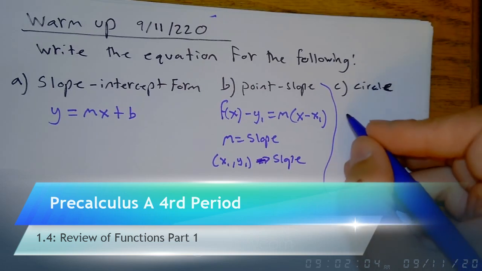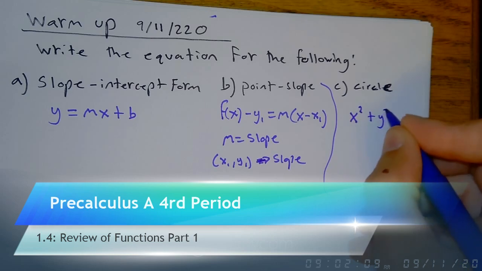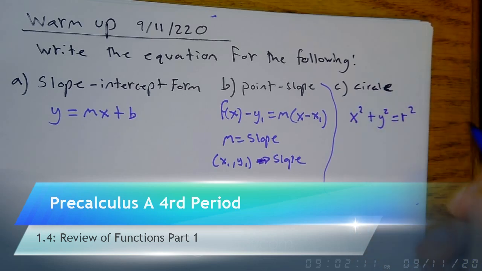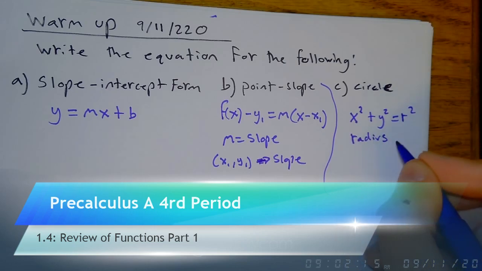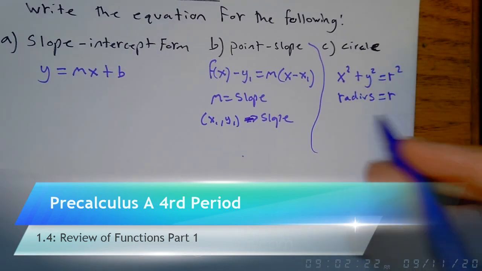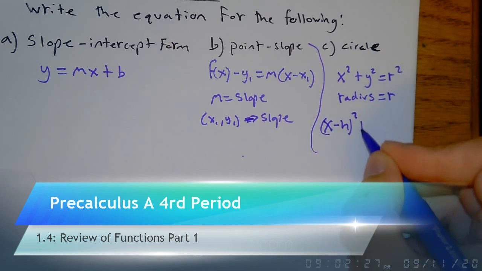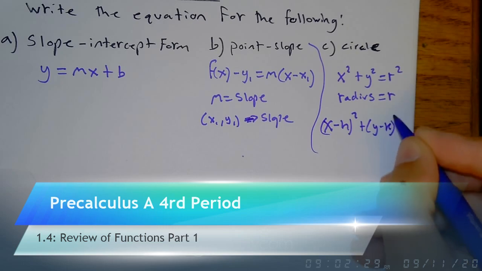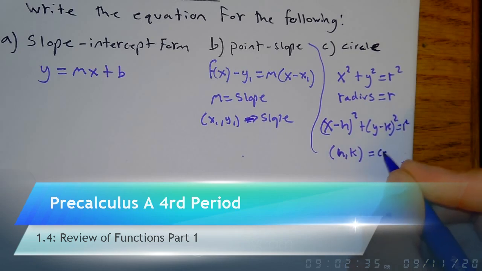Okay, and then a circle, I think I ran out of time last time when we couldn't do that. Remember, a standard circle is just Pythagorean theorem. It's just x squared plus y squared equals r squared, where r is the radius. And if you have a non-standard circle, it's x minus h quantity squared plus y minus k quantity squared equals r squared, where h, k is the center.